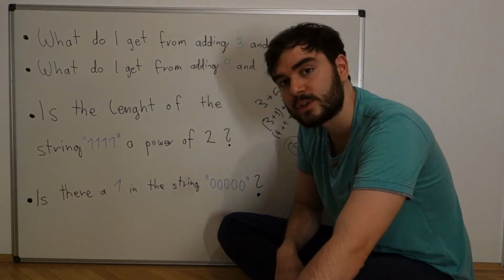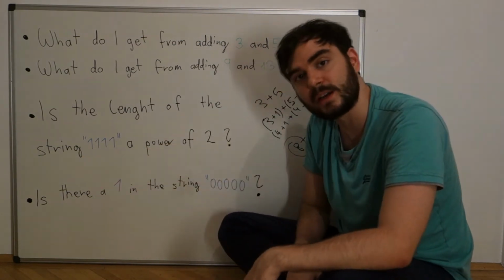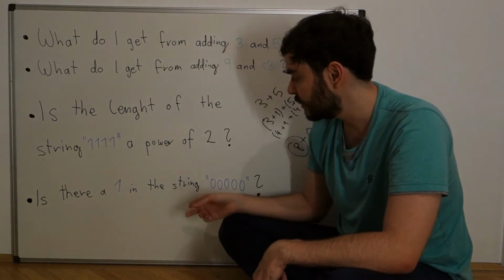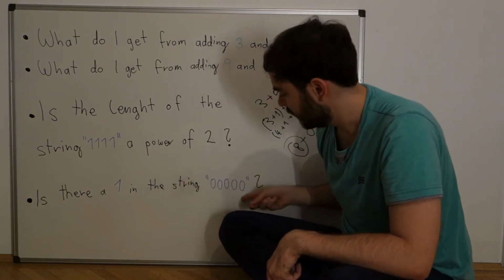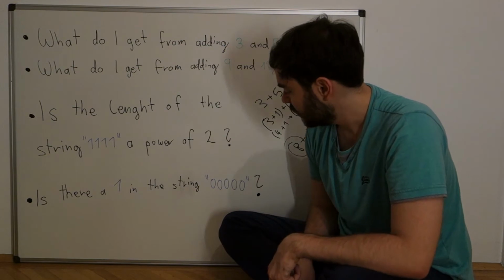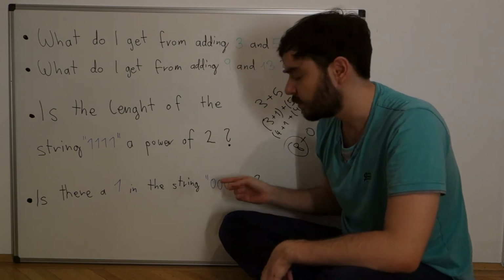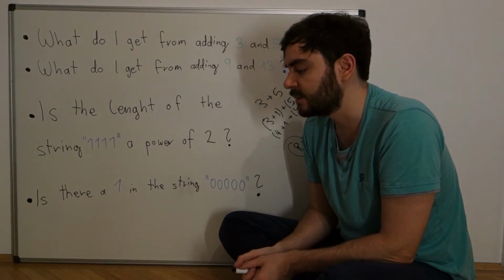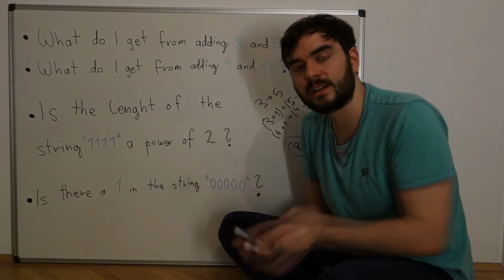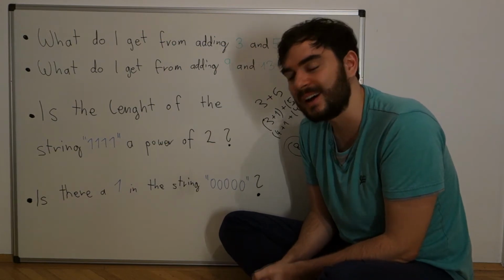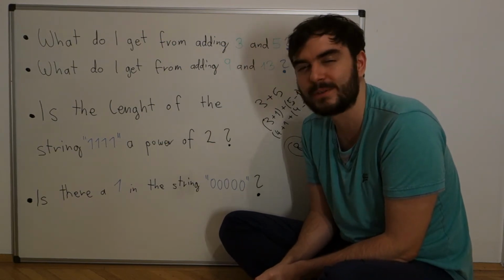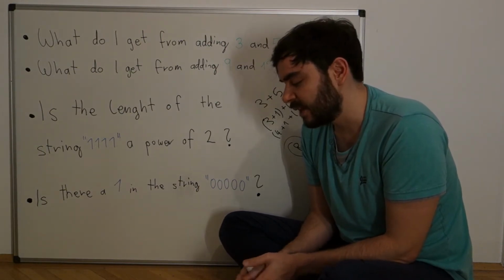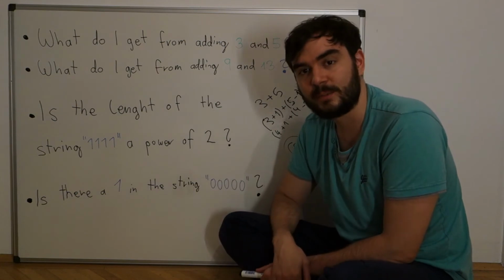You can construct a Turing machine that takes as input any string and tells you, hey, is this a power of 2 or not? And in a similar fashion, I have here a string. This is 0, 0, 0, 0, 0, and the question is, is there a 1 in the string? Or you can ask, if I write down the sentence, that was tongue-in-cheek, and I don't know how to write tongue, because I always forget. Is there an H in tongue, right? You look at it and say, oh yeah, I see an H there.